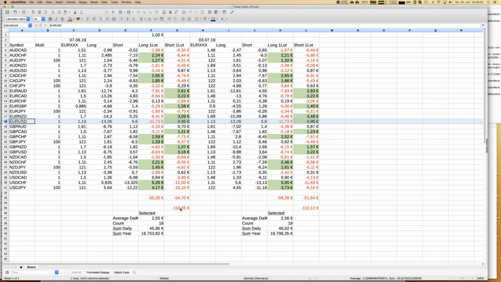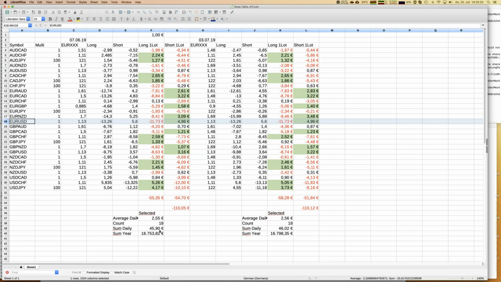So if, and that's strongly not recommended, if you have 56 open trades, each pair with one lot long, one lot short, you would have to pay every night 110 euro. Okay, don't do it. I know that's a real stupid idea. But if you would go for those 18 with positive swaps, then on average we earn per symbol 2.55 euro.